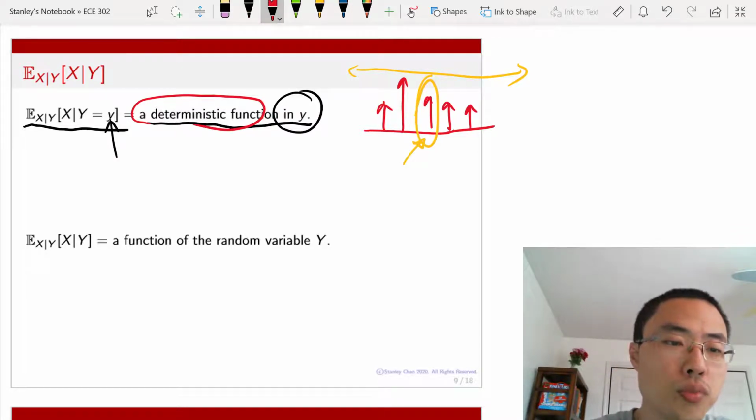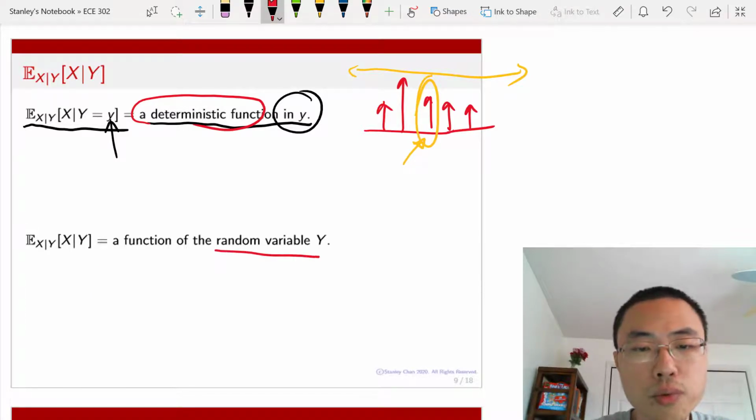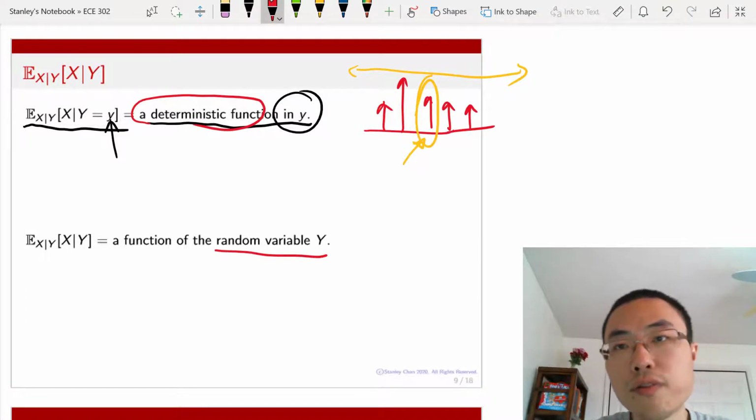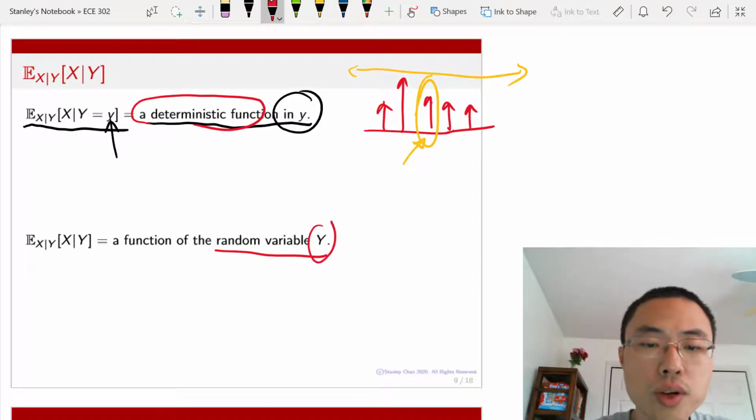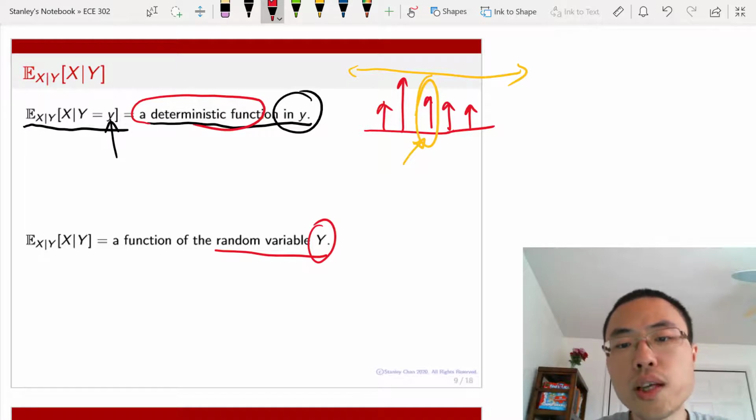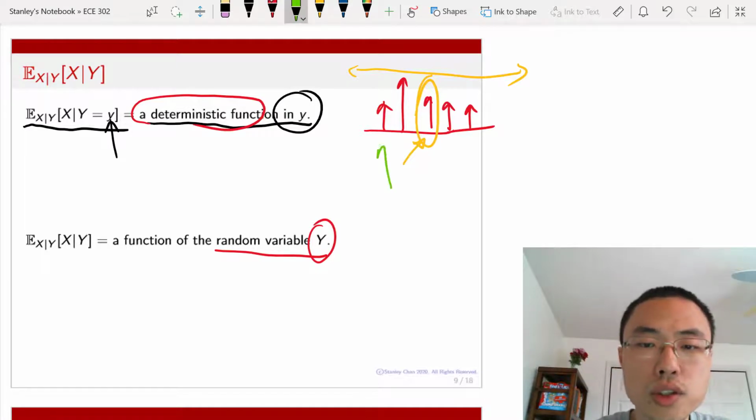Now, if you do not put this notion of y equals small y over there, then what is it? Well, it will become a random variable y. It's no longer just a specific value of y. This is called a random variable. Why? Because you have multiple states to choose from. You can choose this, you can choose that.